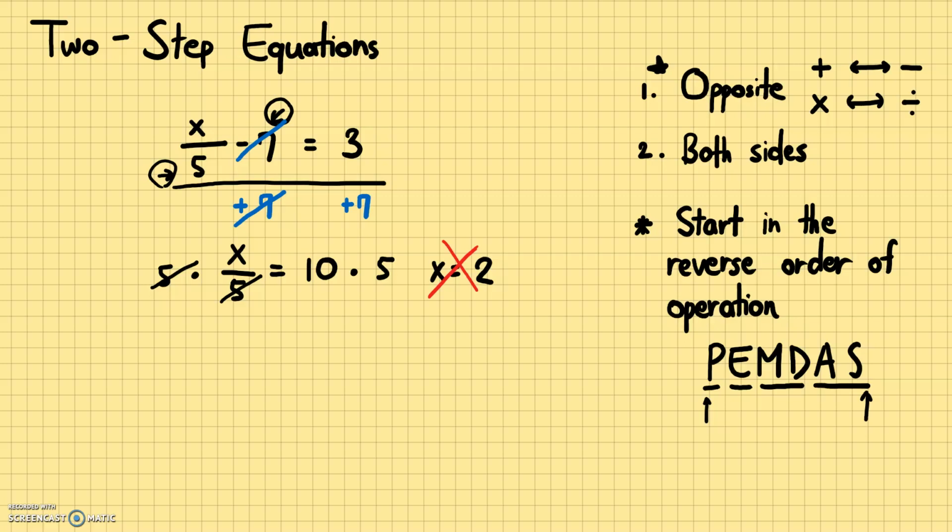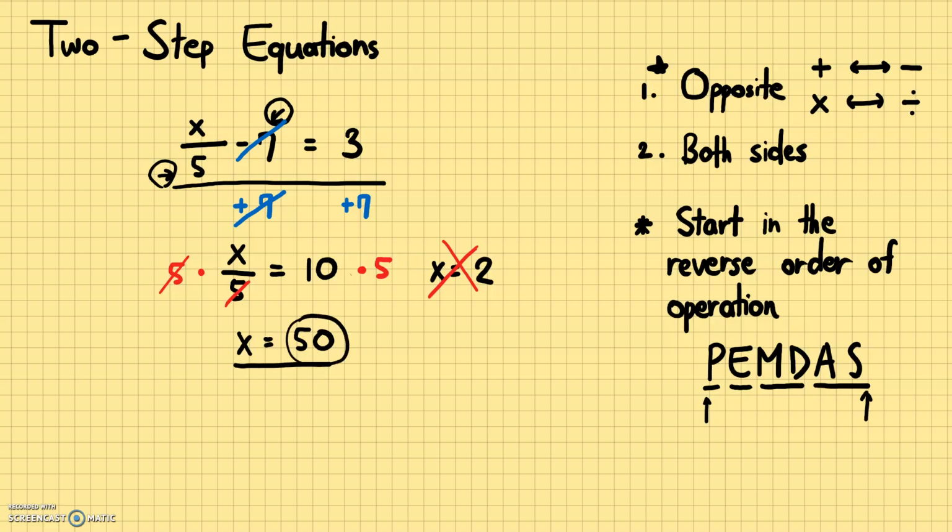Or actually, I should have used a different color to differentiate the original equation from what we were adding on. Okay, so those 5's cancel. So x equals 10 times 5, which is 50. X should equal 50.